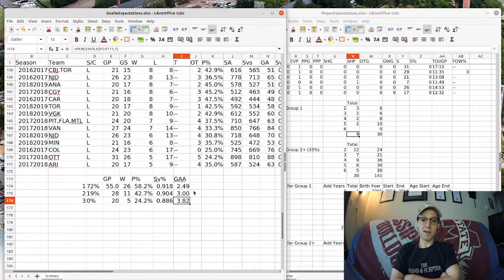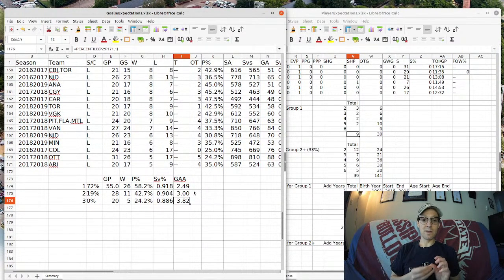So realistically, you're going to want your starter in the top one, backup in the second one, and then your third stringer to be approximately the same as your backup, is what I'd say. But then that's where you choose those goalies that we filtered out playing less than 20 games.